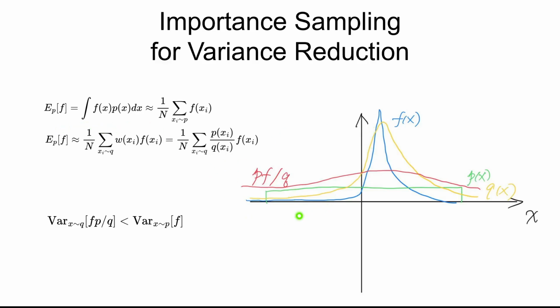Sampling in those low value regions will not be efficient, and it will also cause large variance. So in that case, we want to use a weighted distribution to reduce the variance. Okay, that's all we want to talk about.